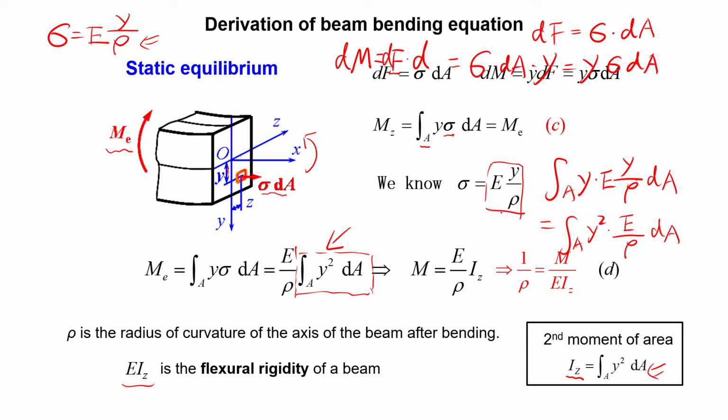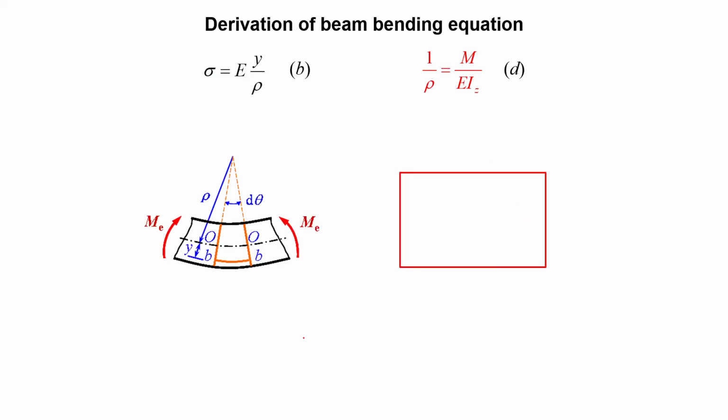So now we get these equations. We know how we can denote rho. So we have these two equations, B and D. Finally, let's see how we can get the stress itself. Essentially now we know rho, so 1 over rho can be replaced by that part.